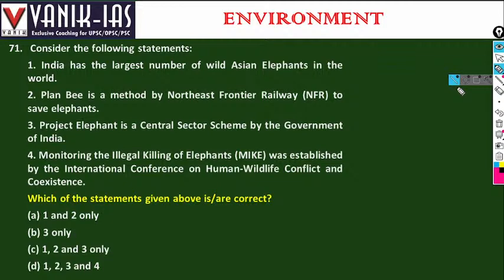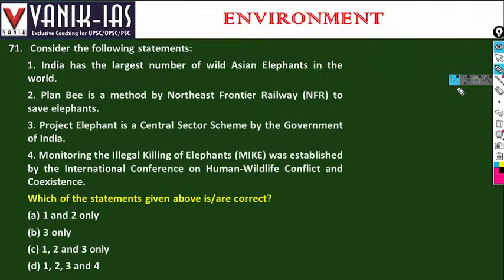Project Elephant is a central sector scheme by the Government of India. Monitoring the Illegal Killing of Elephants, that is MIKE, was established by the International Conference of Human Wildlife Conflict and Coexistence.